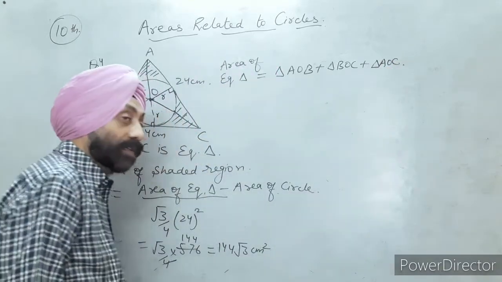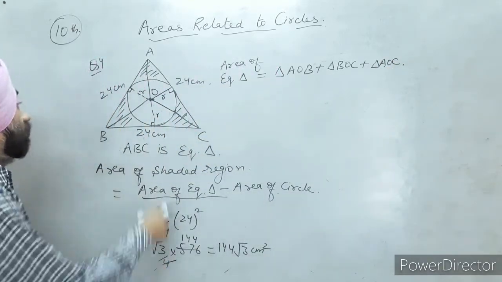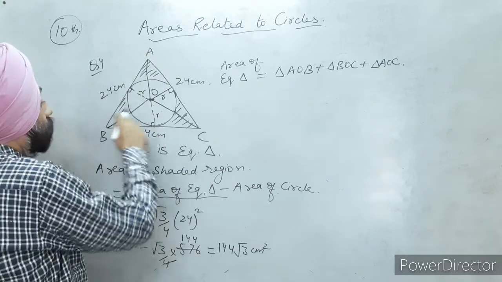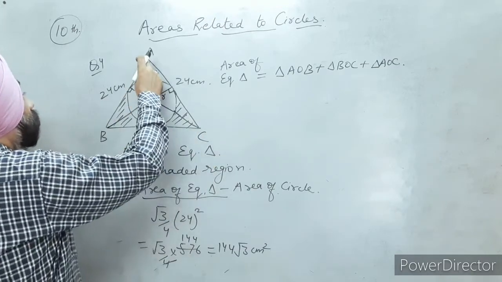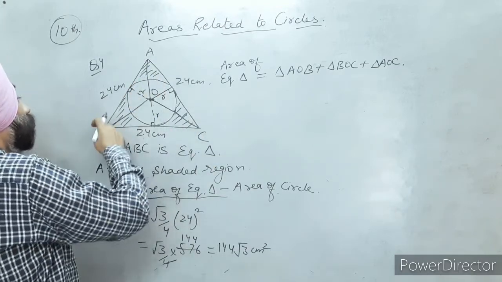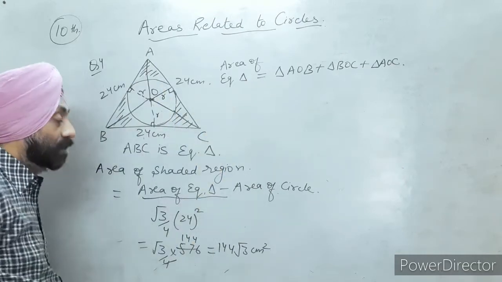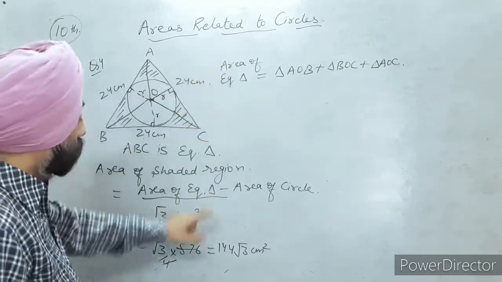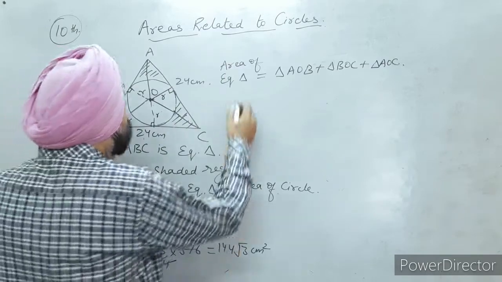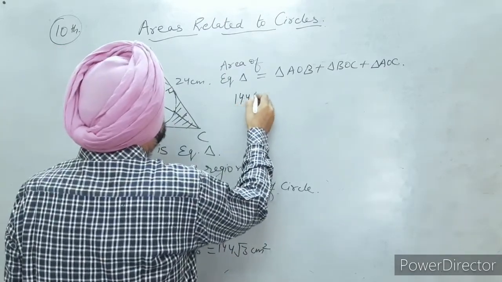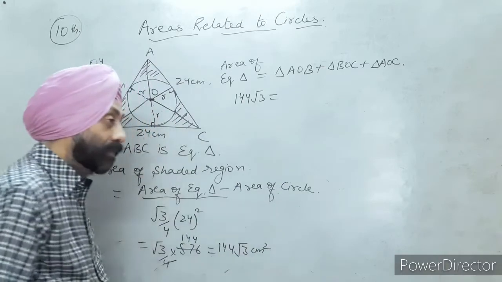Do you agree with it? Yes. Triangle ABC is formed by three triangles AOB, BOC and AOC. I have written here. But the area of the equilateral triangle we have calculated as 144 root 3 equals to.